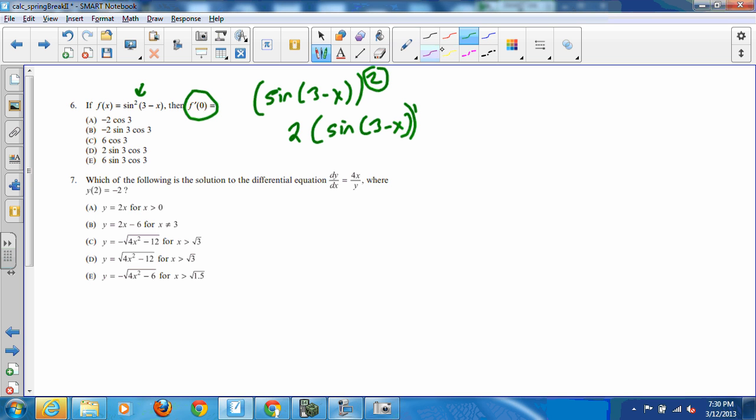And then we have to go look on the inside of this, and we see that we have a sine of some angle. So we have another chain rule here. So let's do this one in blue. So the derivative of sine is cosine of 3 minus x. Alright, so we're just basically undoing layer by layer. And now we're going to take the derivative of 3 minus x, which is negative 1.